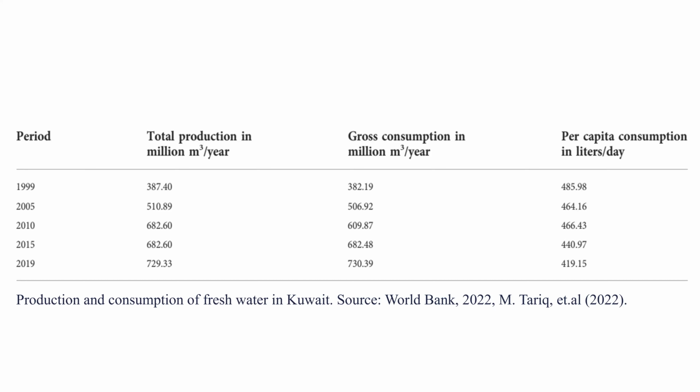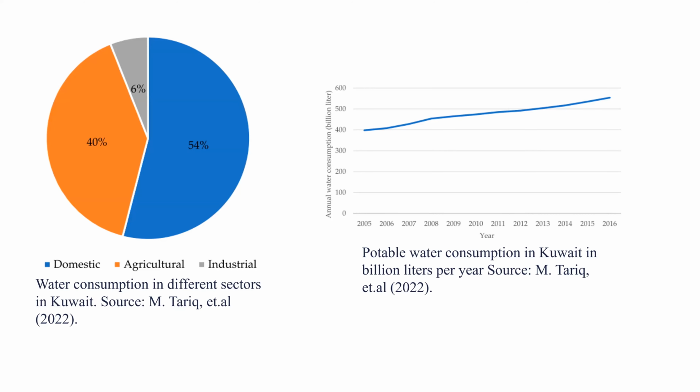However, per capita consumption in liters per day per person went down from 485 to 420, and that means the awareness campaigns for controlling how we drink and use water have paid their toll. So these awareness campaigns are very successful. If some people think awareness campaigns are not useful, it's on the contrary, even the numbers are showing it.